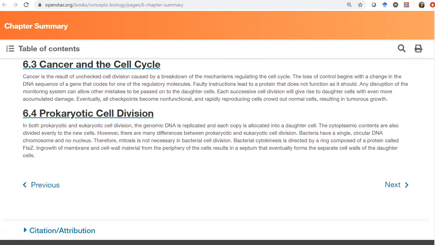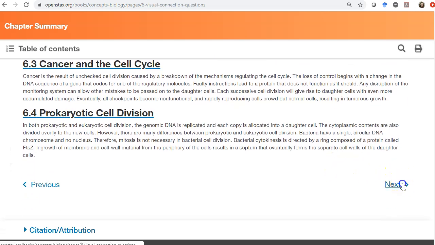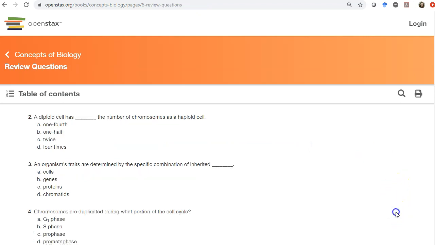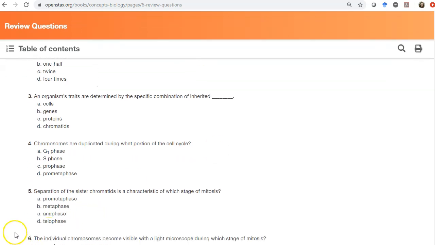So what I want to do is take a moment to think about some easy tricks to remember how to work on mitosis.